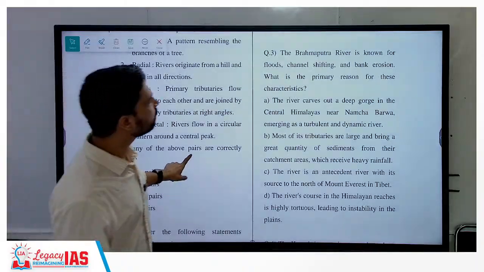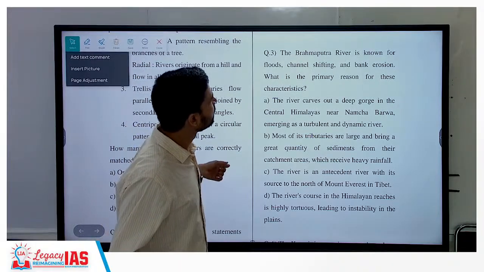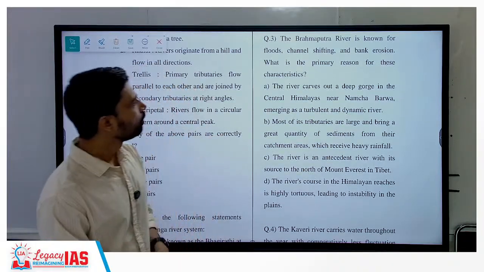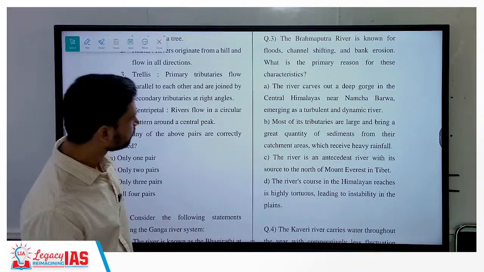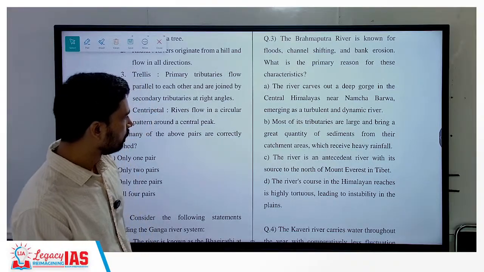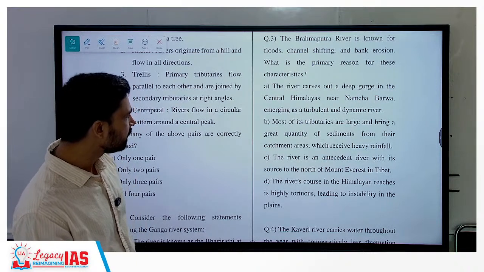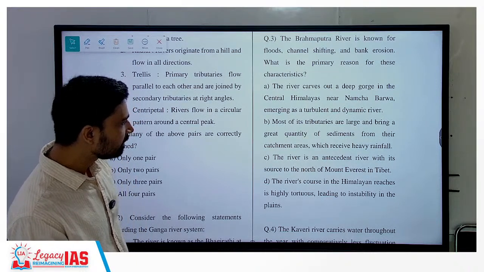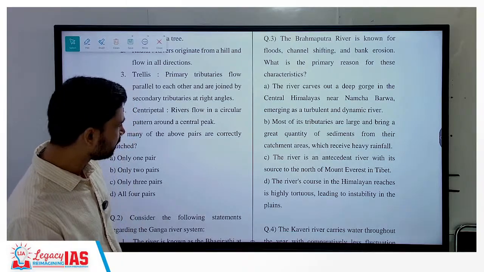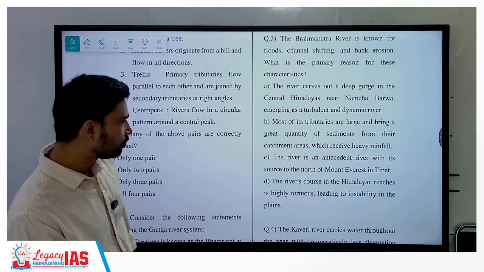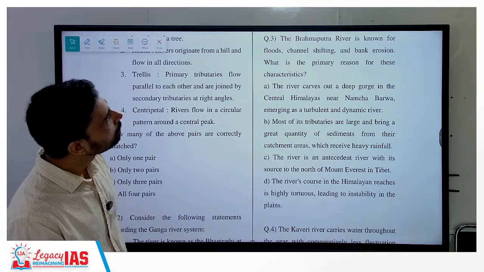Then the Brahmaputra river is known for floods, channel shifting and bank erosion. What is the primary reason for these characteristics? Himalayan reaches, very tortuous course, or deep gorge? The deep gorge has nothing to do with it. Most tributaries are large and bring sediment. The river is an antecedent river with its source north of Mount Everest. Rivers of the Himalayas are highly tortuous due to instability in the plains.